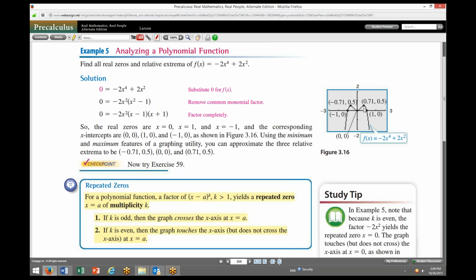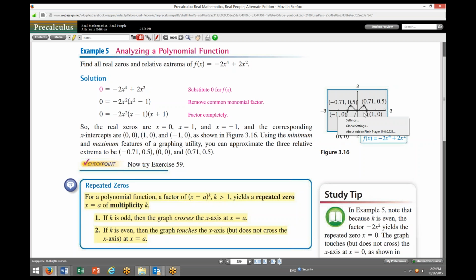That portion right in there does something interesting in that it reaches this relative minimum point right in here, which is dead on the x-axis. It's right at 0, 0.